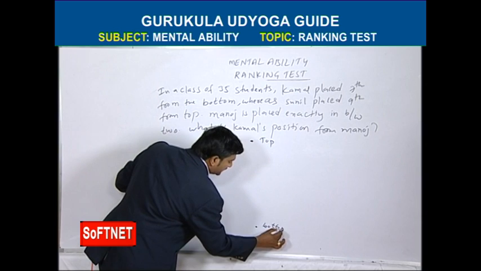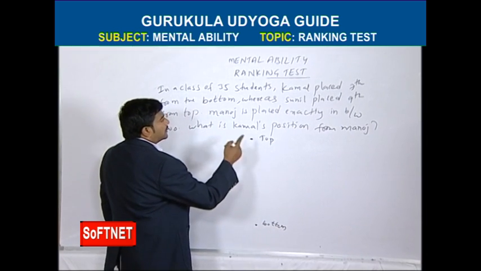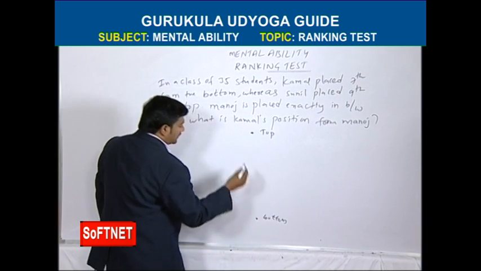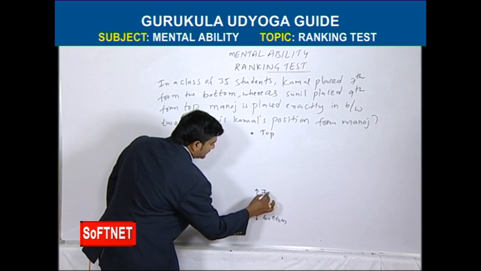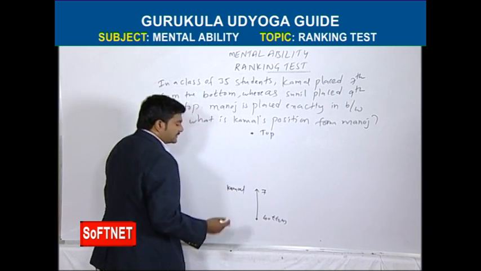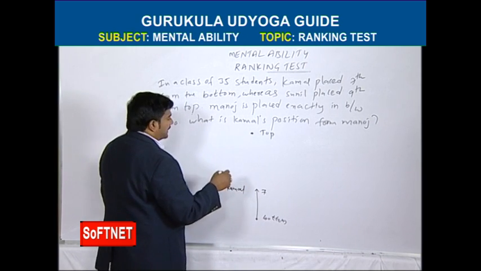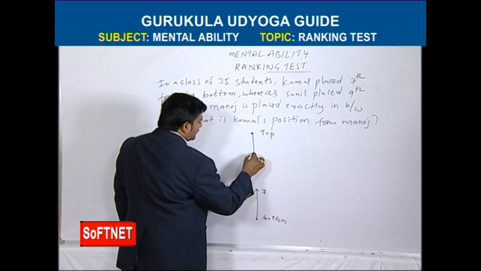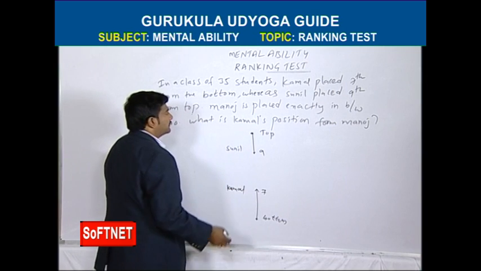Kamal placed 7th from the bottom. Sunil placed 9th from the top.